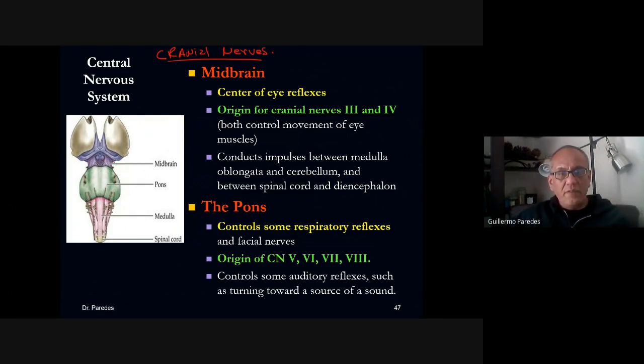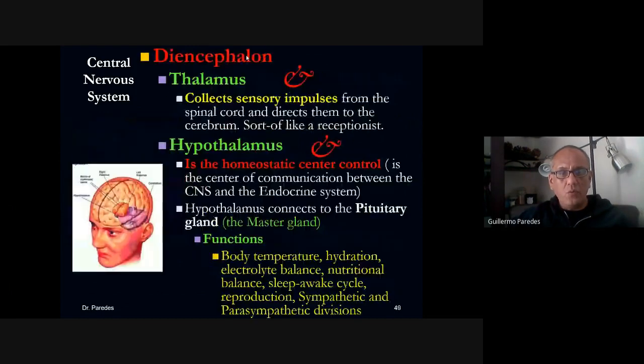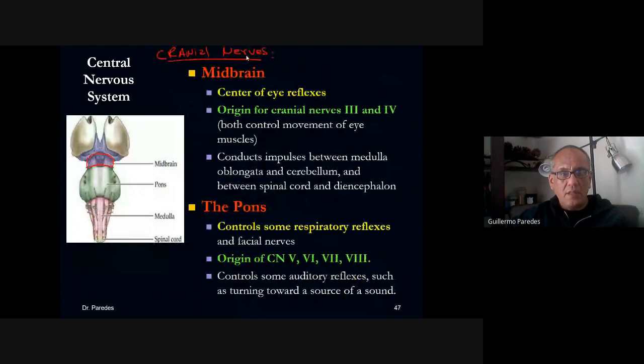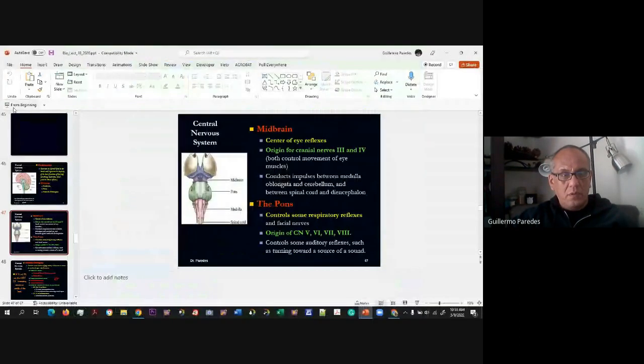So we have 12 nerves. This piece is the midbrain. This is the pons and the medulla oblongata. So it's from here that the majority of the cranial nerves arise. For this, I need to talk to you about the cranial nerves that we need to know. Okay.